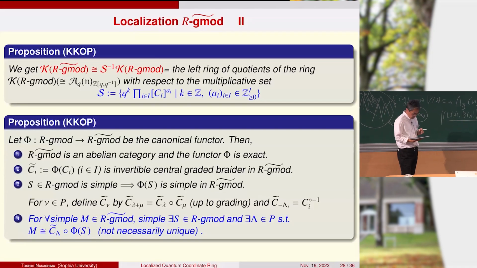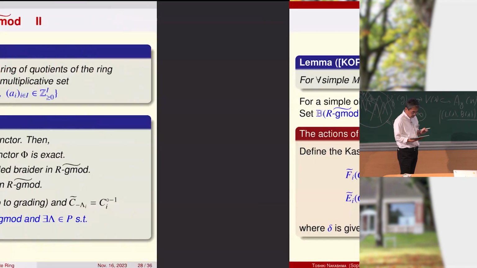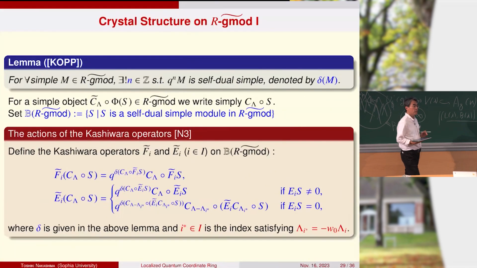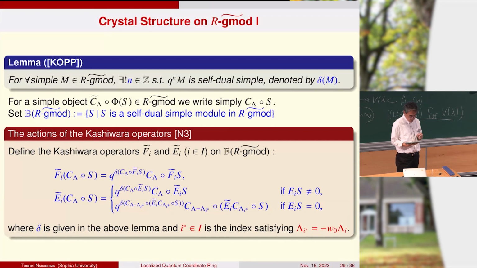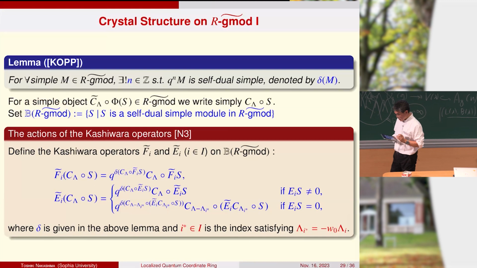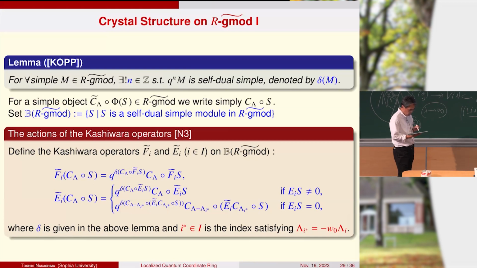Okay. So using this, we can define the crystal structure on our tilde gmod. I omit the details. Anyway, we take this family, the family of self-dual simple modules in our tilde gmod.